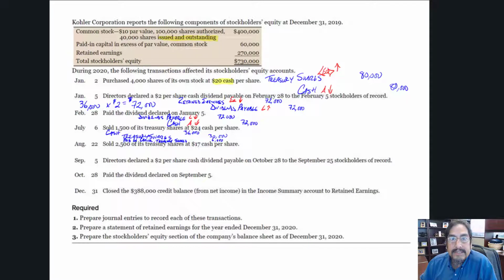So that's selling treasury stock above cost. The excess $6,000 that we brought in goes into a paid in capital account.